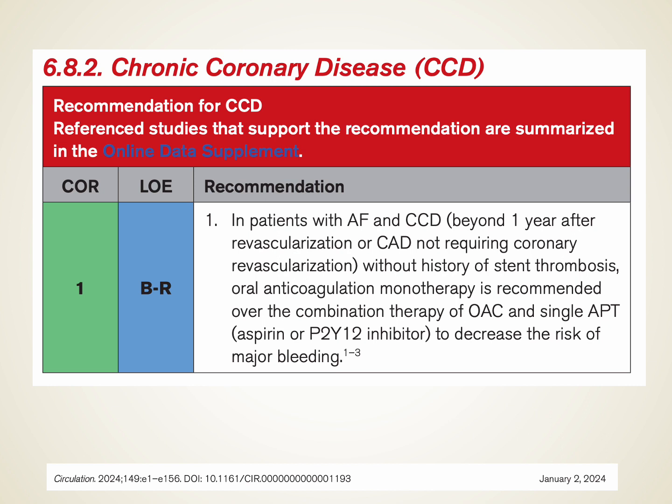For folks who have chronic coronary disease, they also make recommendations for if they are beyond a year after revascularization with a stent, what's the decision making for oral anticoagulation versus oral anticoagulation in conjunction with an antiplatelet. And we'll talk more about that in acute coronary syndromes in a little bit.